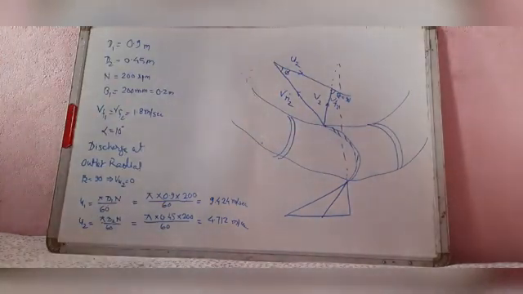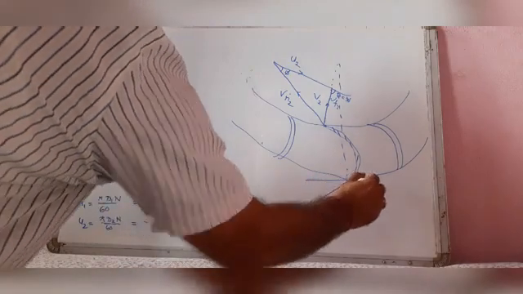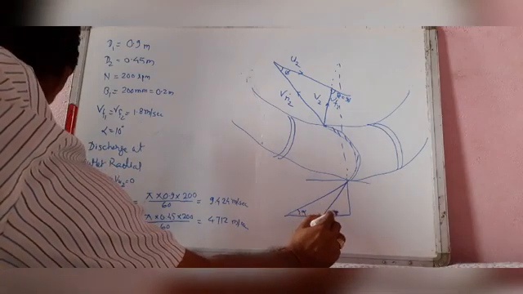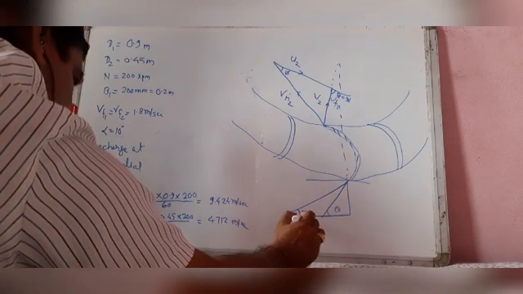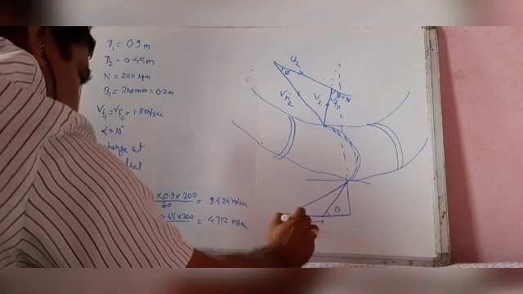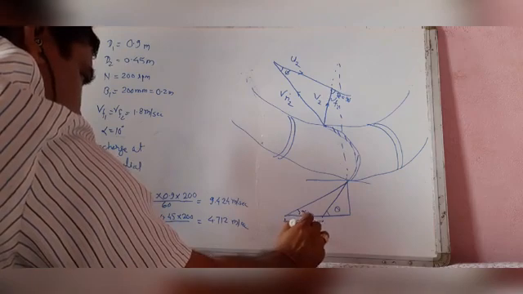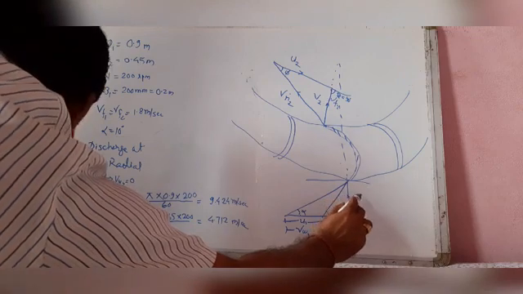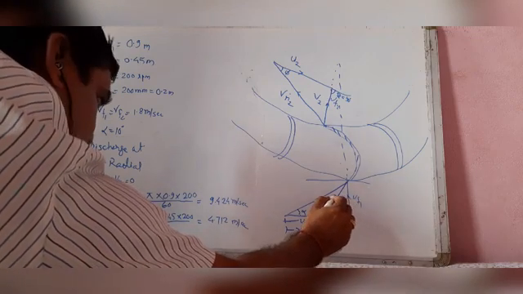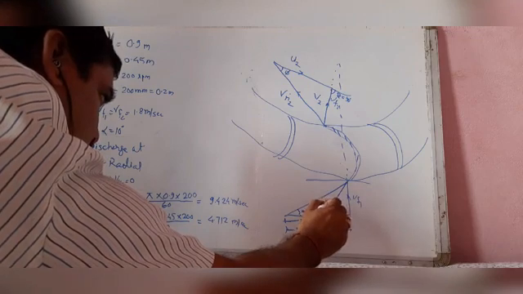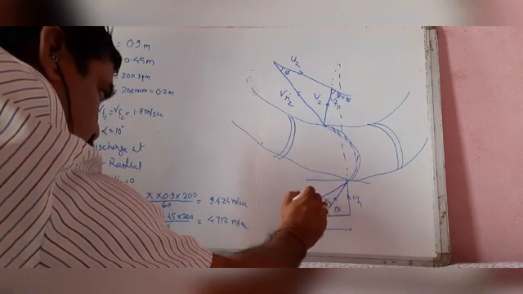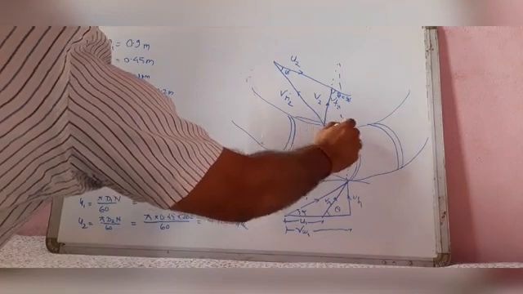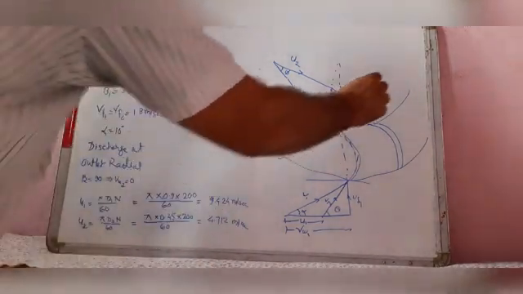This is the inlet triangle. In the inlet triangle, this is tangent line. This is angle alpha, this is angle theta, this is U1, this is Vw1, this is Vf1, Vr1, this is V1, and here this is tangent line. This is runner.